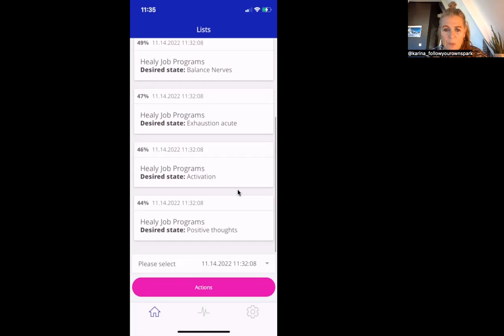Then the fourth and the fifth one, you can see they're also all above 40%. The fourth one is activation. So with everything going on and being so tired and experiencing this stress, and also our nerve system going out of whack, it's very hard for us to get to the point, to start working, to start doing what we're supposed to do, to get in this mode of action.